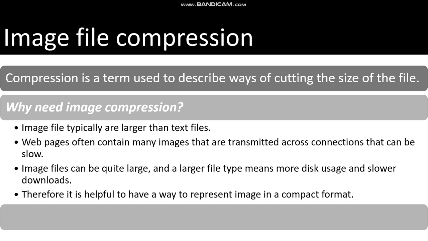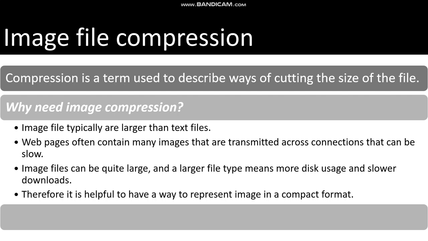Then we move into image file compressions. Compression is the term used to describe a way of cutting the size of a file. Why do we need image compression? Image files are typically larger than text files. Web pages often contain images that are transmitted across connections that can be slow.